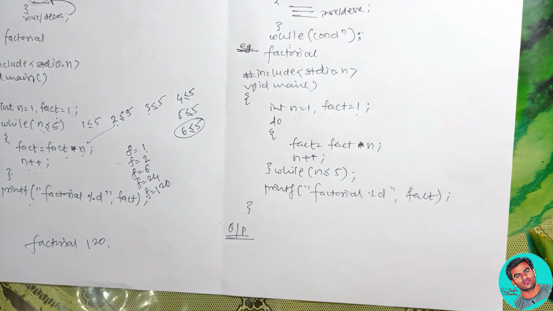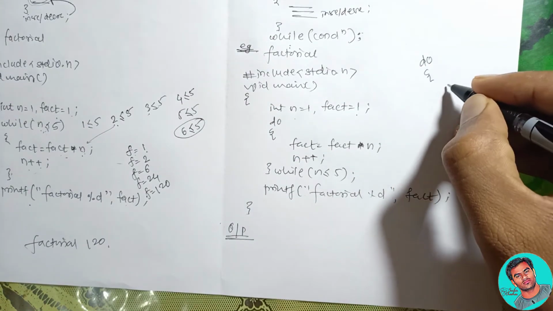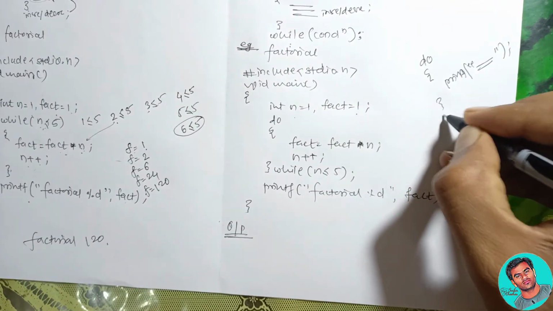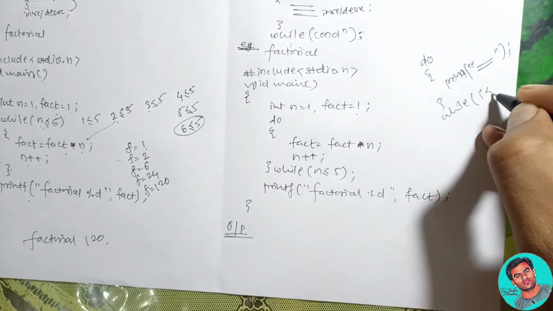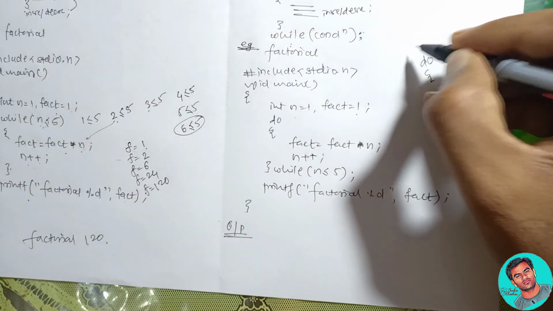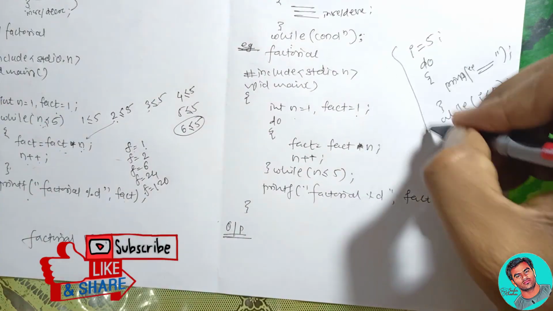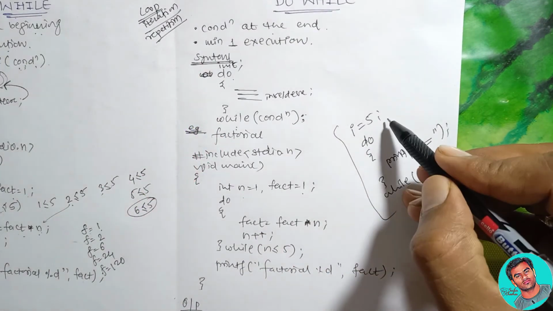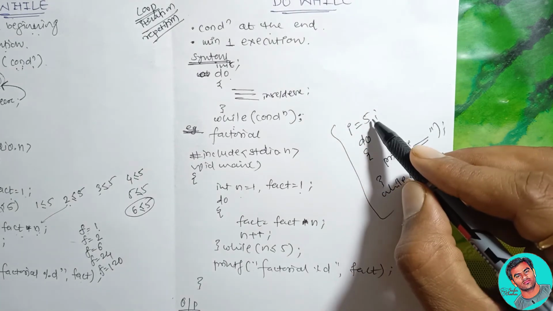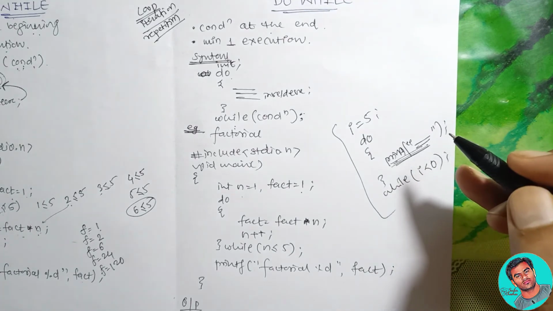For example, if I write code like do, printf of a certain statement, and while i less than 0 as my condition, with i equals 5 before it. So i equals 5 is the value of i, and then there is the do statement, so it will execute this printf statement block first.